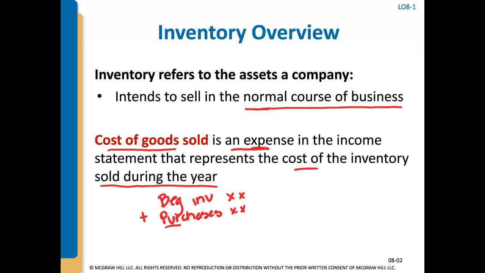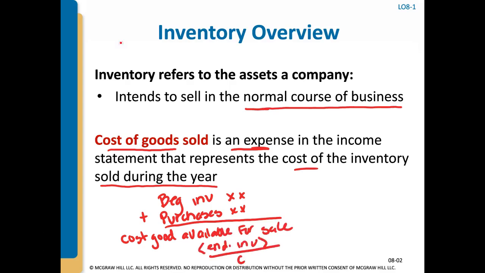And that gives us what's called cost of goods available for sale. And then we subtract the ending inventory, and then we get to our cost of goods sold, which goes on our income statement.